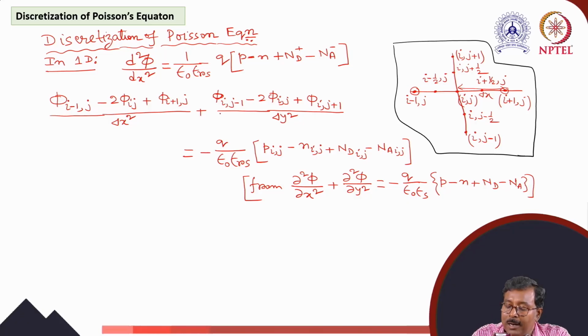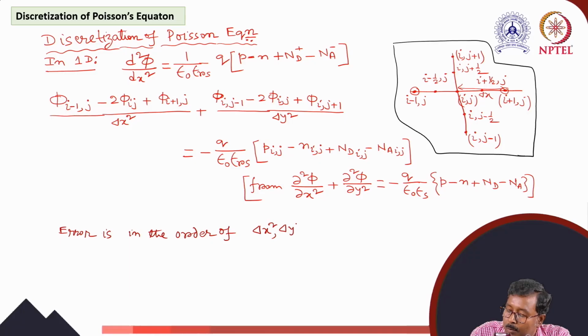And the order of error in this case, or the approximation, is in the order of delta x square, delta y square. Delta x whole square, delta y whole square.